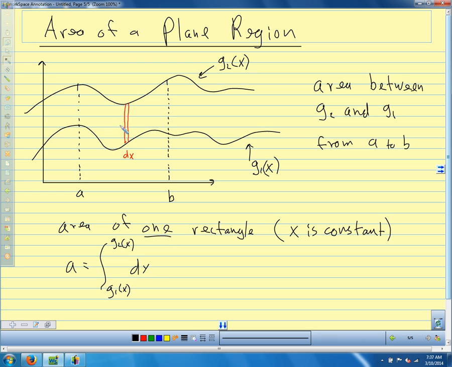So I'm dividing this tiny rectangle into little slivers, stacking those pieces on top of each other and summing them up for y going from g1 of x to g2 of x for a particular value of x.